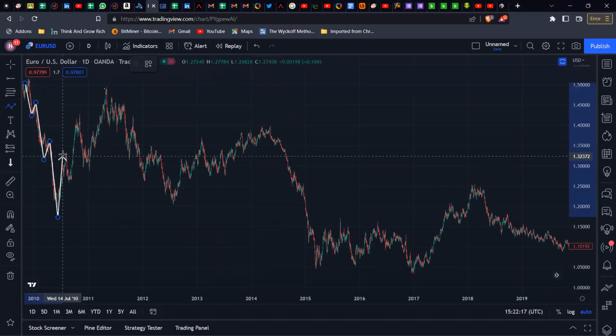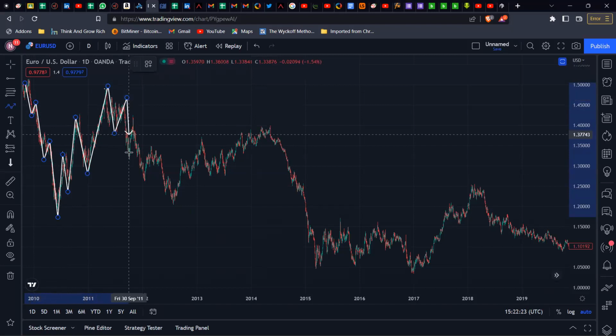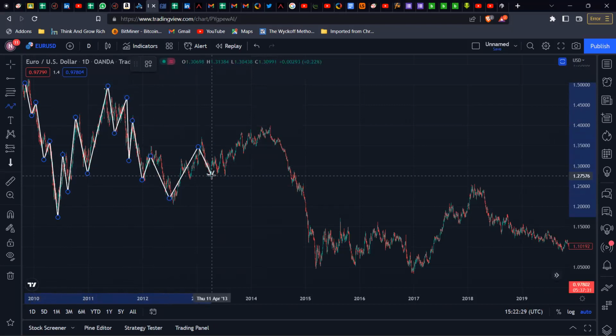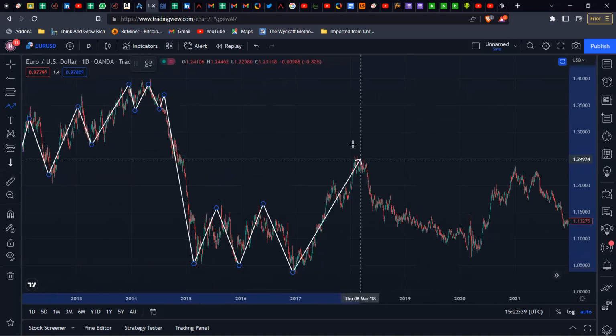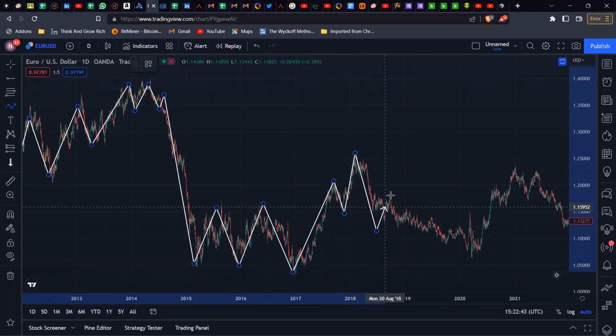And then shifted bullish into being bearish again, right? And again, shifting bullish, ranging a little bit, breaking down bearish, and then ranging for a longer time. You can see this is a ranging market, and then shifting again bullish, breaking down bearish.